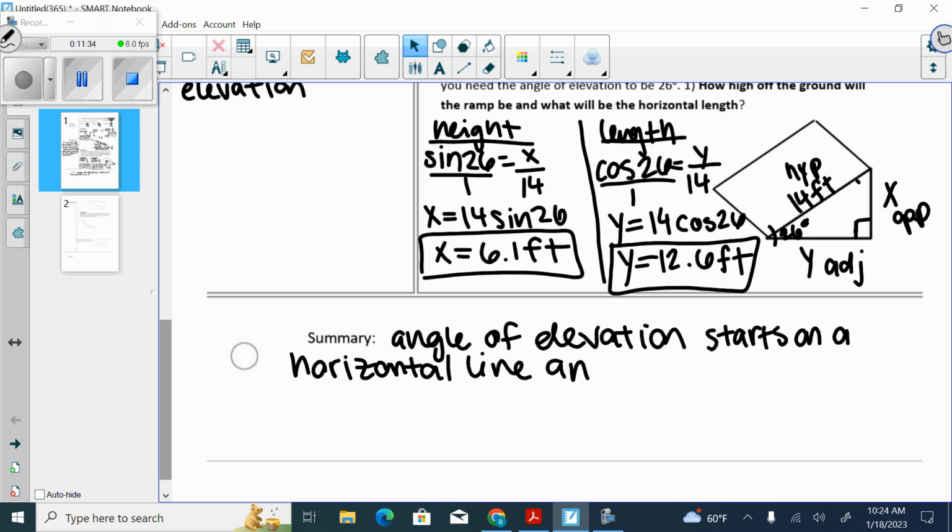And it rises to some object that's going to be along your line of sight.